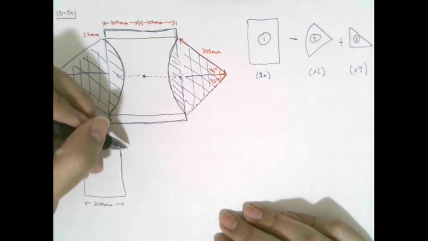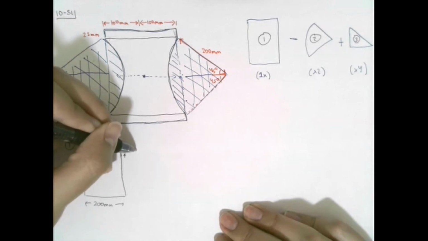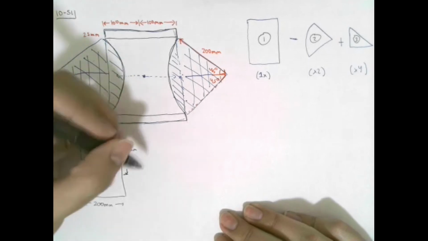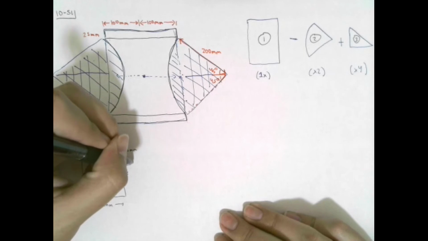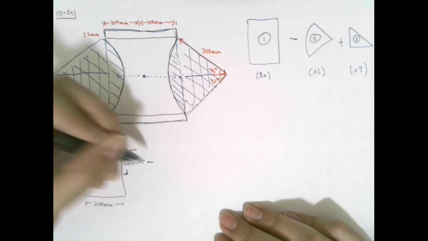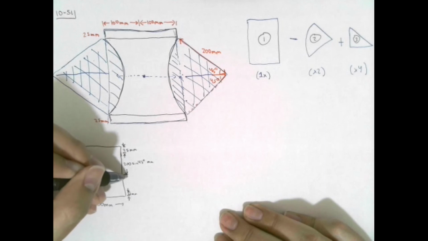I'm going to write down my distances here. From here to here, I have 25. And then up to this point, I have 200 times sine of 45. And of course, symmetrical in the bottom half.